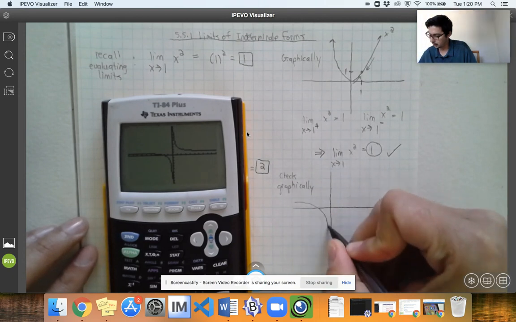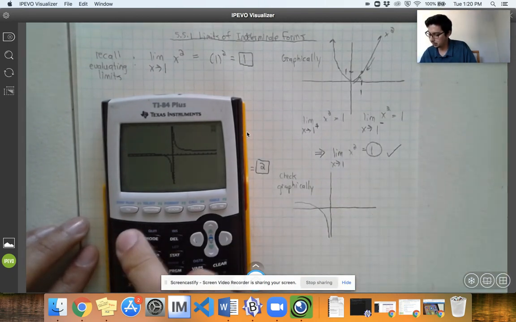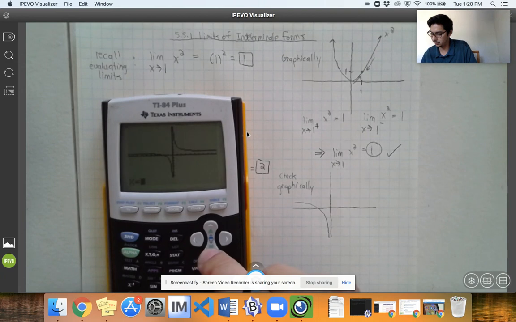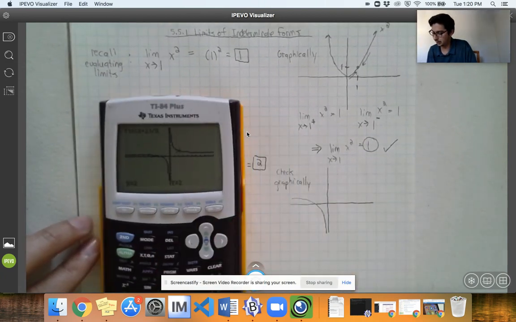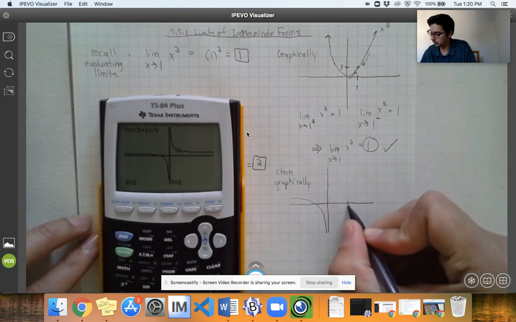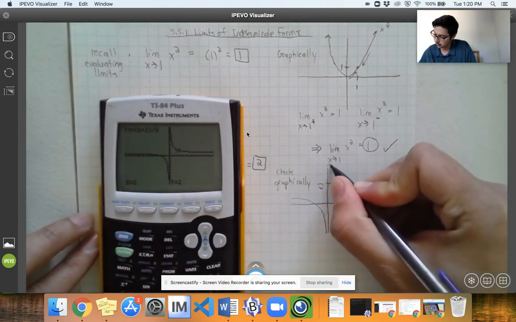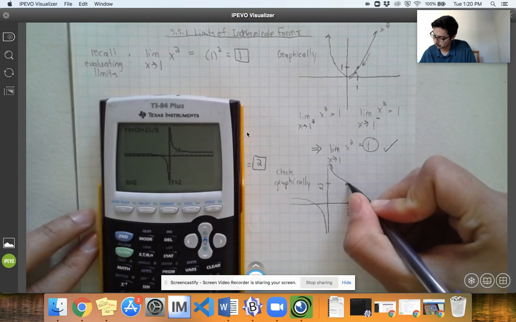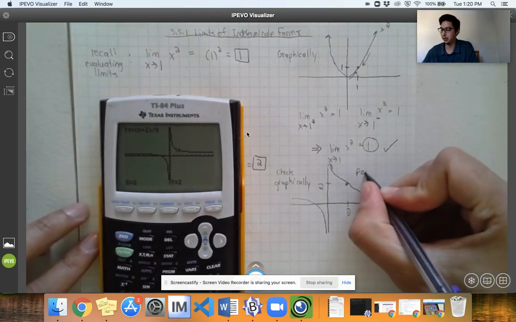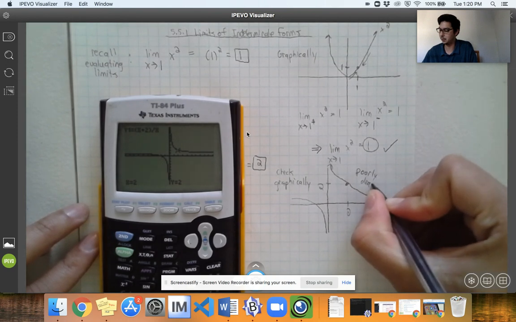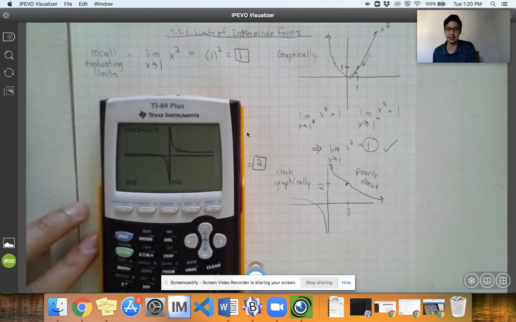If I calculate the value at 2, I would see that it actually is at 2. So the graph is looking something like this. That's very poorly drawn. That clearly doesn't look like my calculator.